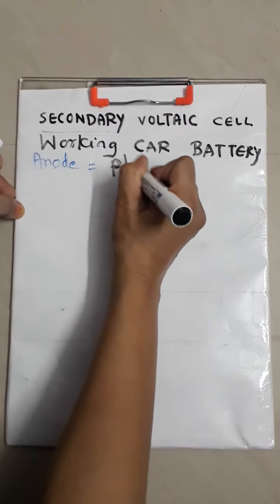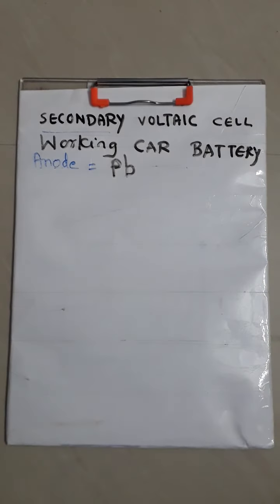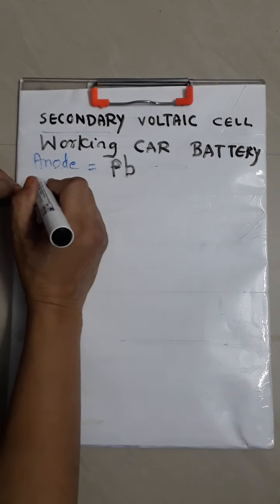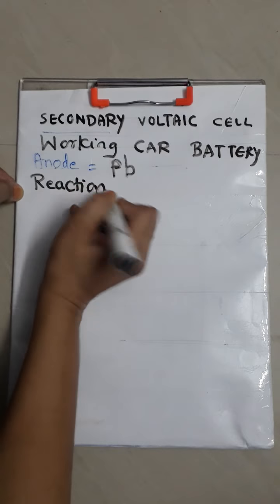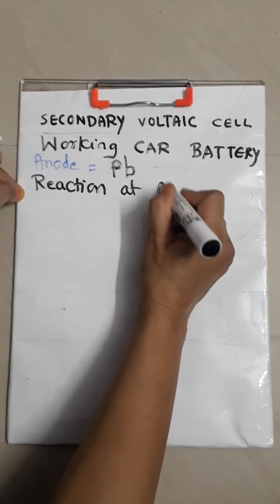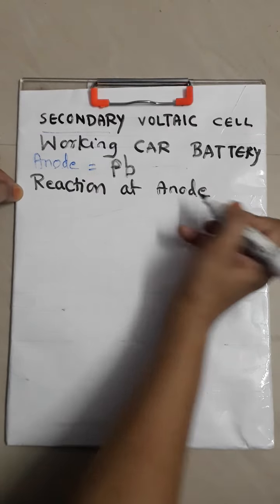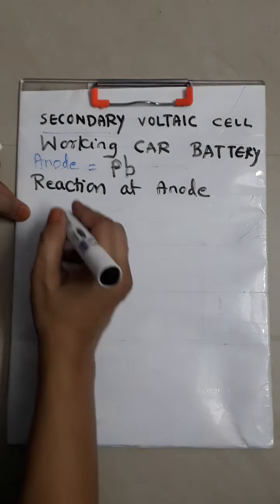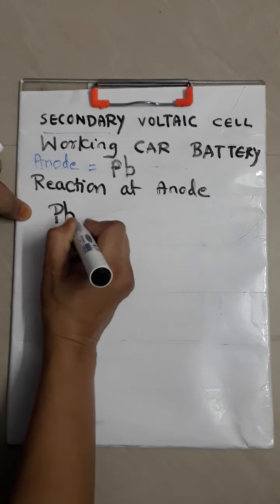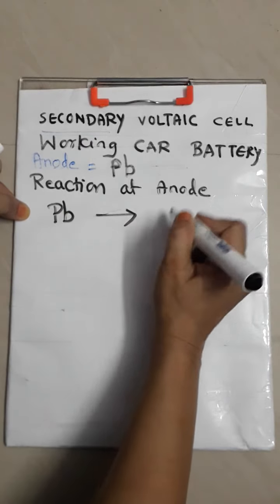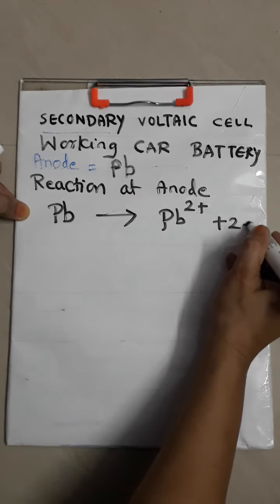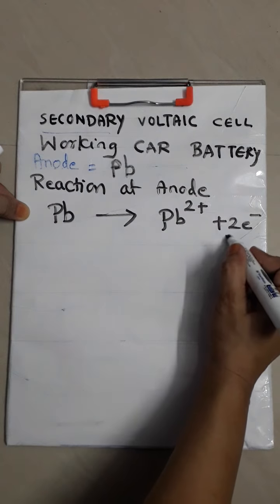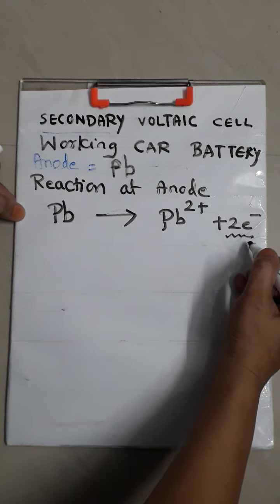So we'll start with the reaction at anode. What is happening is, Pb goes into the solution in the form of Pb+2 and leaves the electrons on the electrode.